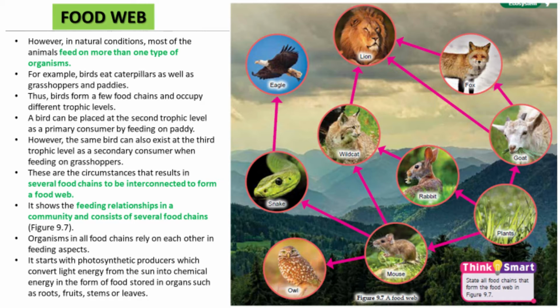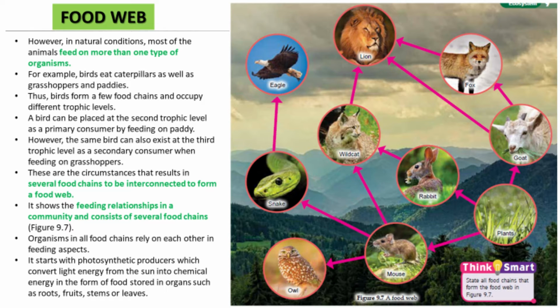Okay, students, now look at food web. In natural conditions, most of the animals will feed on more than one type of organism. For example, birds eat caterpillars as well as grasshoppers and paddy. Thus, birds form a few food chains and occupy different trophic levels.